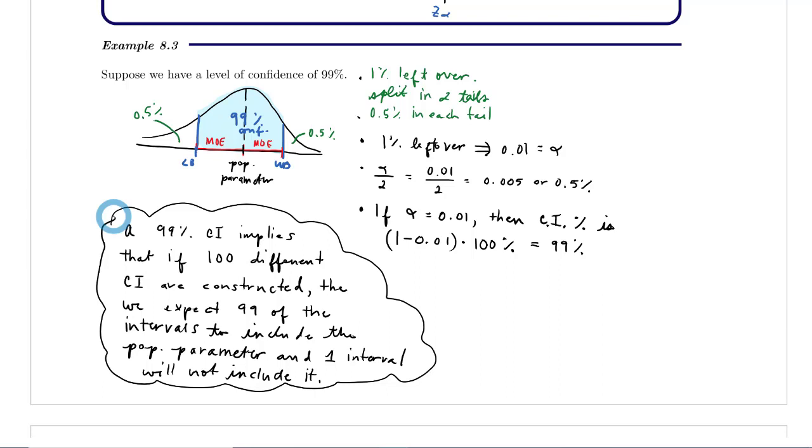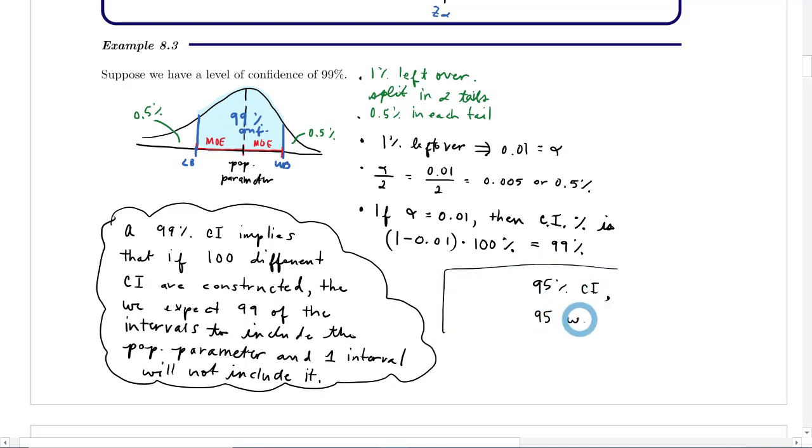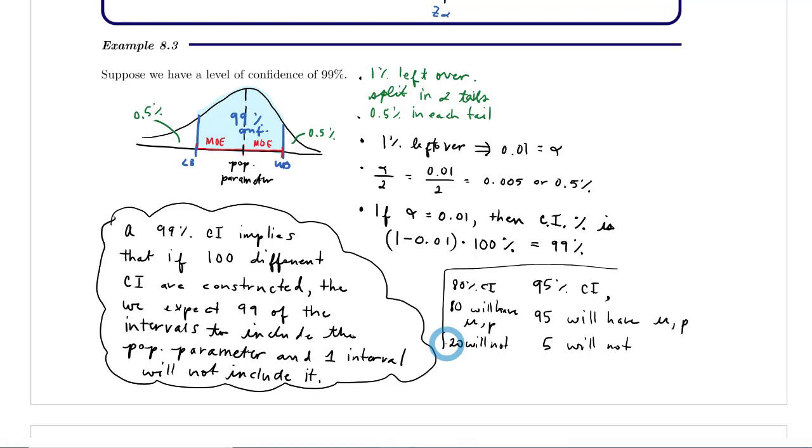So if you did a 95% confidence interval, that means 95 will have mu or p, the population parameter, and 5 will not. So if you did an 80% confidence interval, that means only 80 will have that population parameter and 20 will not. So that's the confidence that we have, right? It's just how confident we are, how many intervals out of 100 would have that population parameter.